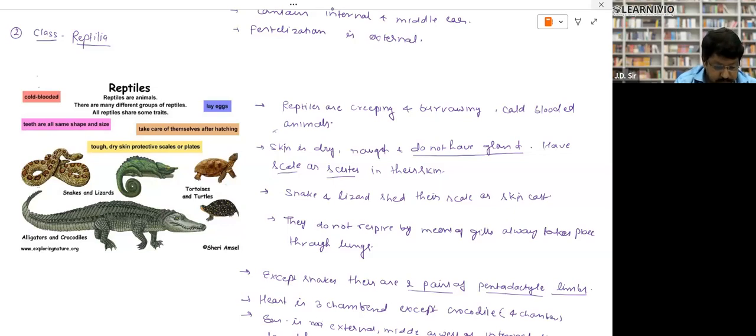Respiration always takes place through lungs, and it is more efficient than in amphibians.